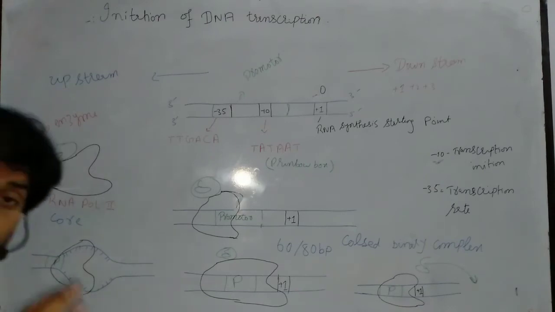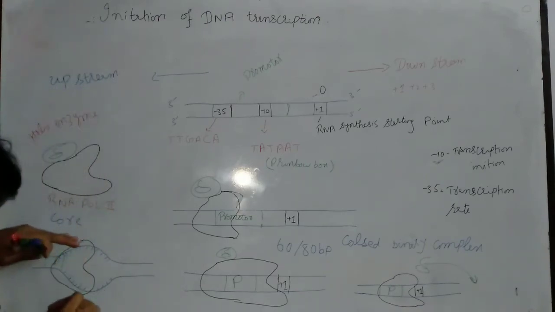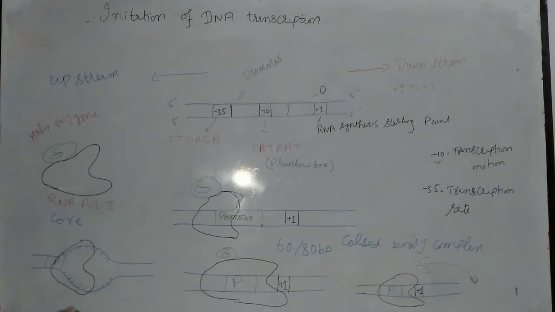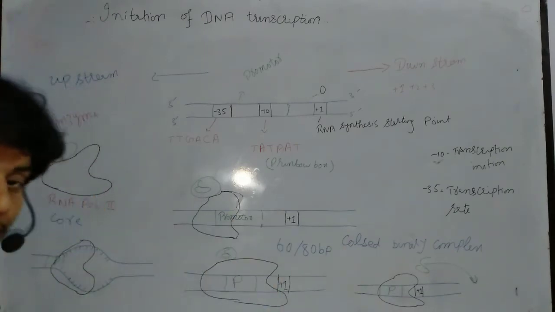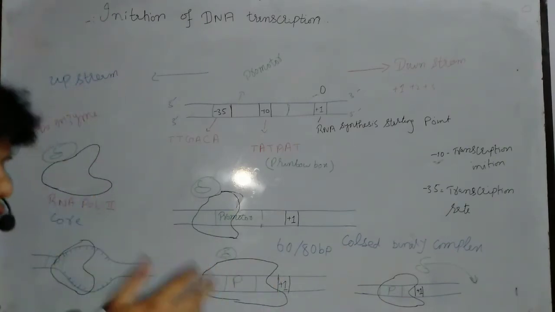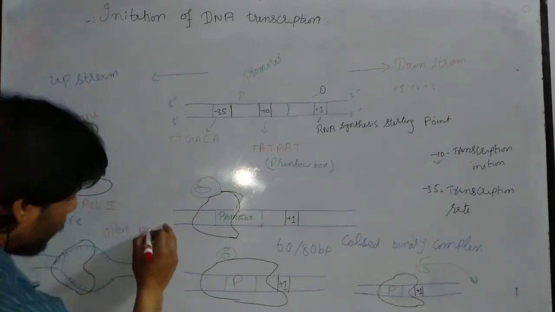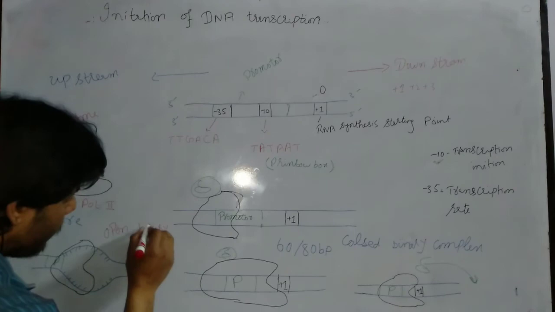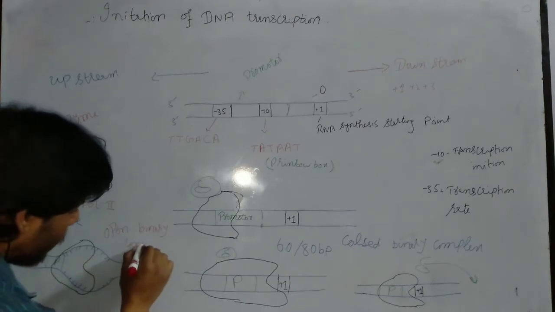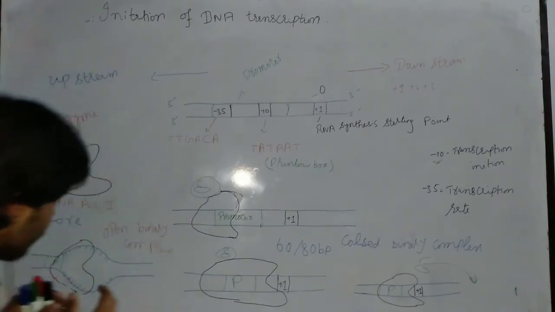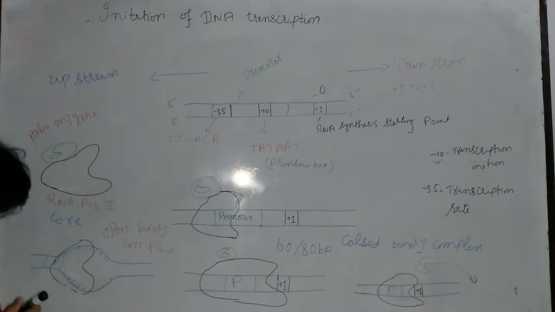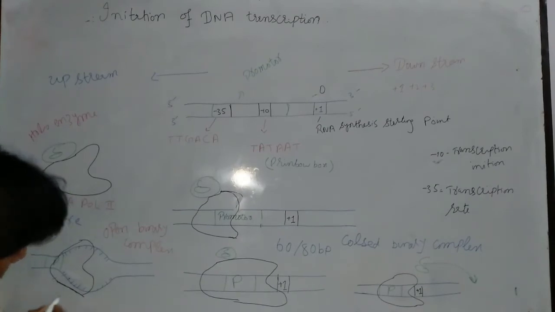Okay, so remember, when the DNA is melted at that specific position, and when the sigma factor is released out, it makes another complex. We call that complex the open binary complex. Now after some time at the open binary complex, what happens?